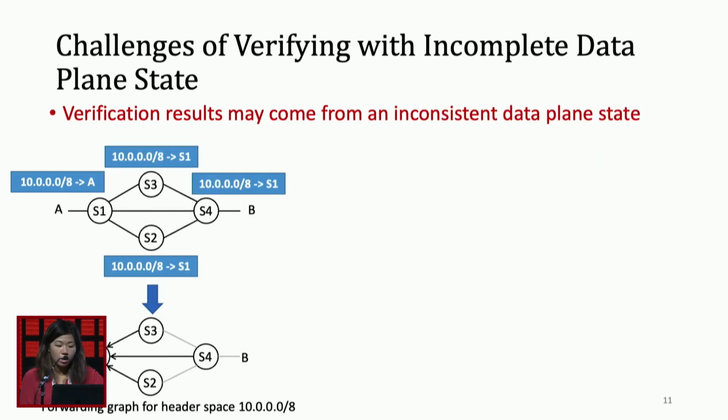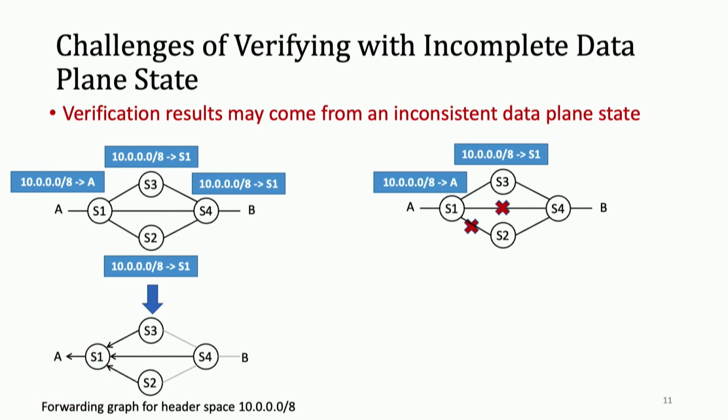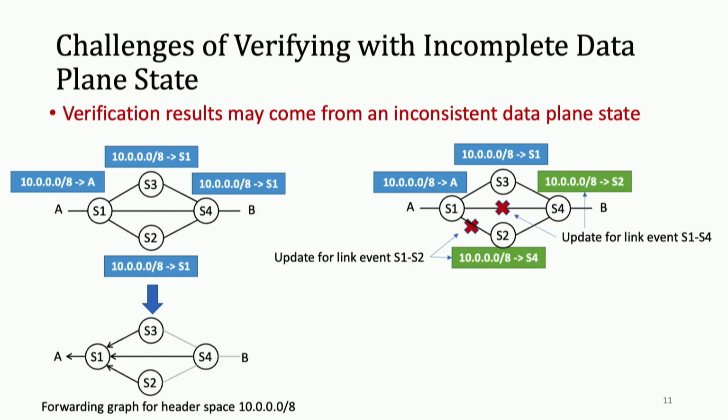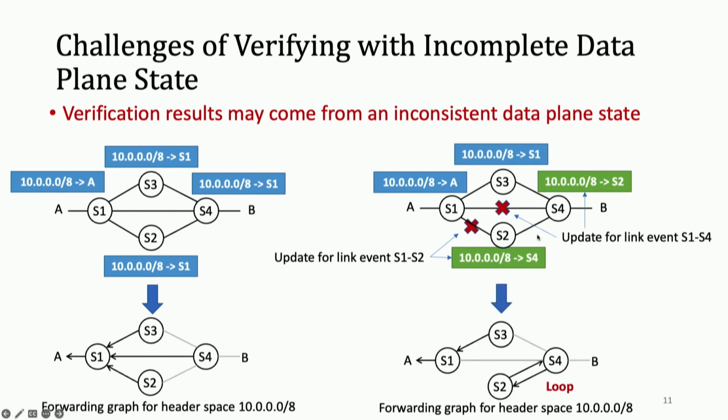Similarly, we could also be caught in a transient state. The same example, a network of 4 switches. In this case, we're looking at 2 links going down. When there are 2 links down, there could be a transient state where S2 says the packet should be forwarded to S4, and S4 says the same, and there is a transient loop.